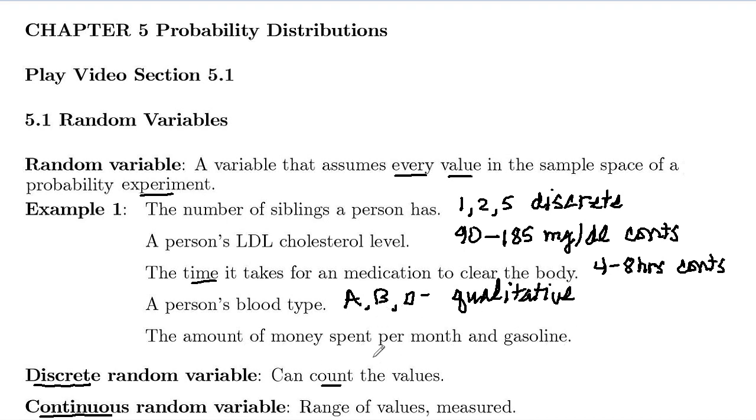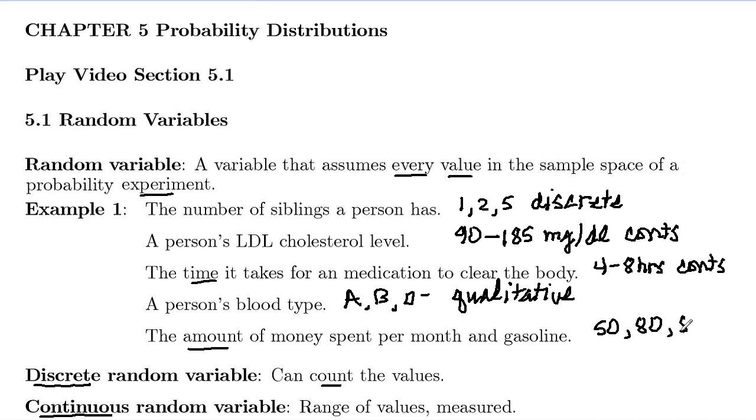And then the amount of money here that you spend per month on gasoline, so it could be $50 or $80. It can't be anything in between because money is not infinitely divisible, but it could be just a penny more.